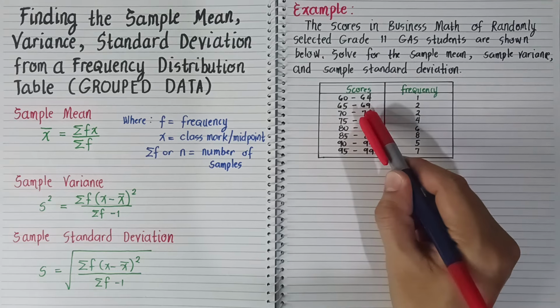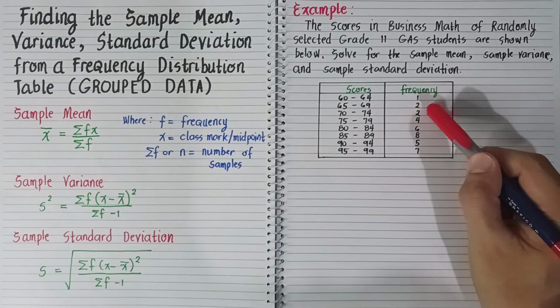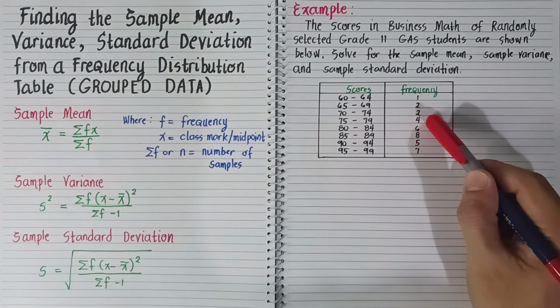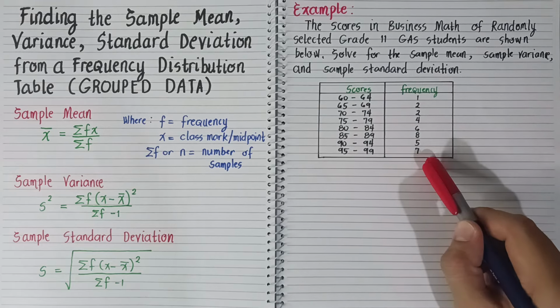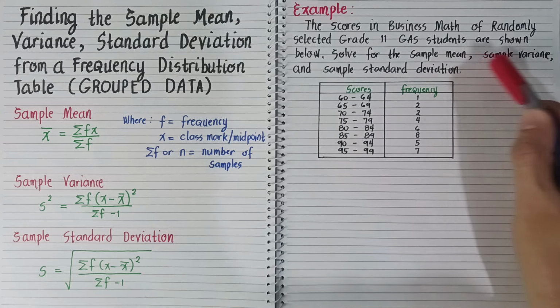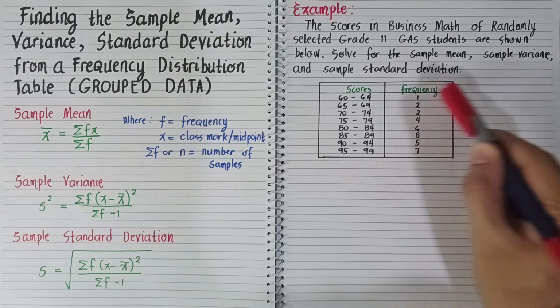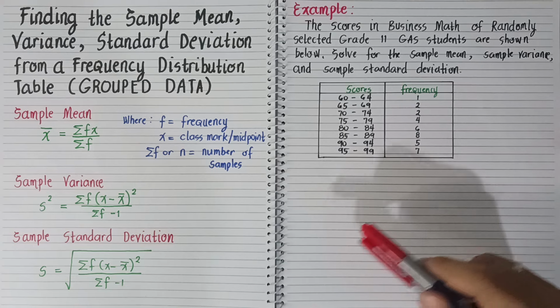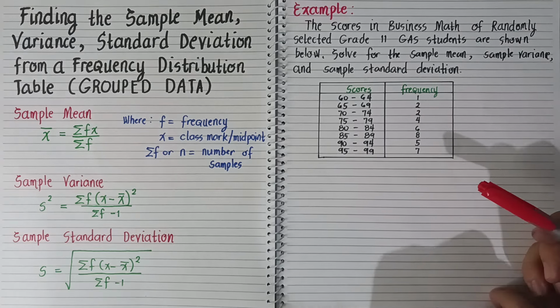From 65 to 69, meron dalawa. 70 to 74, we have 2 din. So ang goal natin dito is to find the sample mean, sample variance, and sample standard deviation. Let's have a solution.